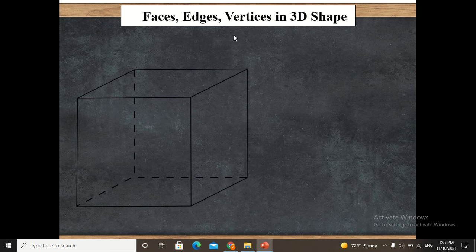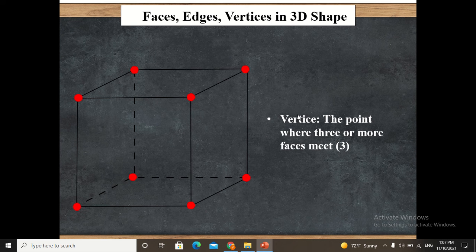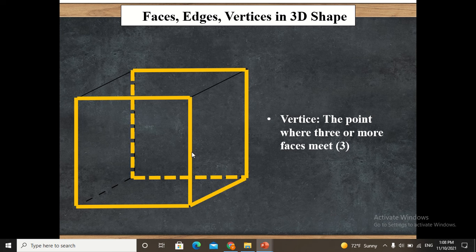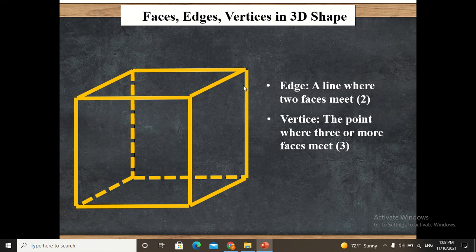Faces, edges, and vertices in 3D shapes. 1, 2, 3, 4, 5, 6, 7, 8: 8 vertices. A vertex is a point where three or more faces meet. 1, 2, 3, 4, 5, 6, 7, 8, 9, 10, 11, 12: 12 edges. An edge is a line where two faces meet.